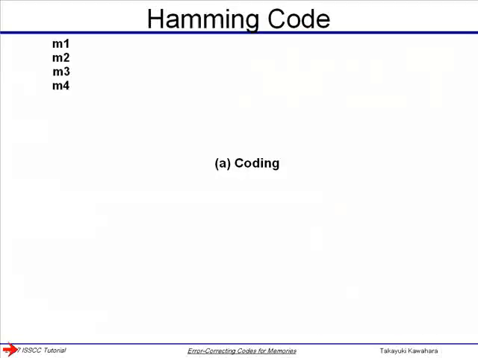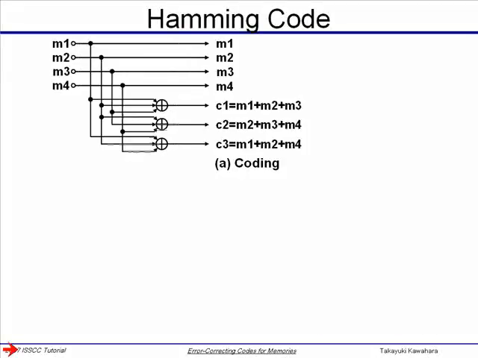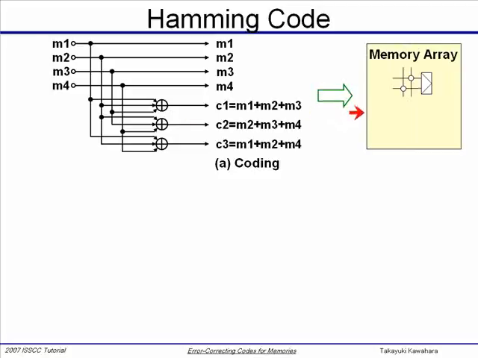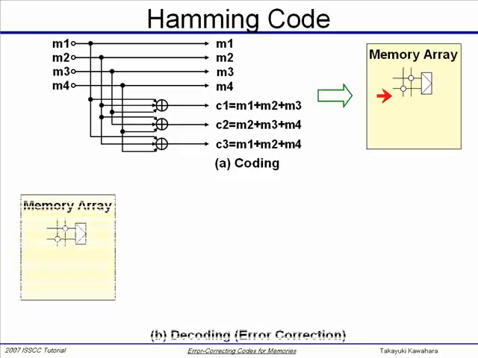So therefore, we can write down this simple summation for M1 to C3. So we write down from the memory array. This is the coding. Please keep this memory for a while, and it deteriorates somewhat. Then we read out, just a decoding.